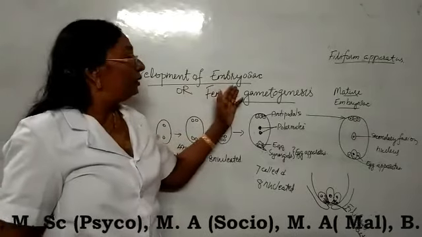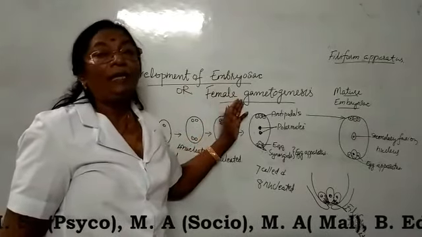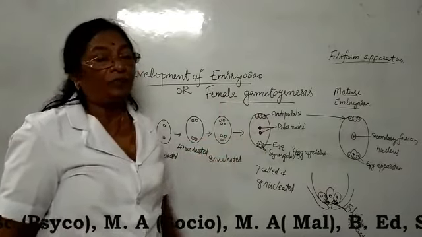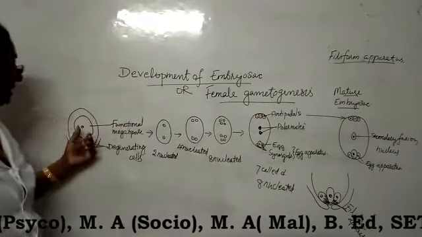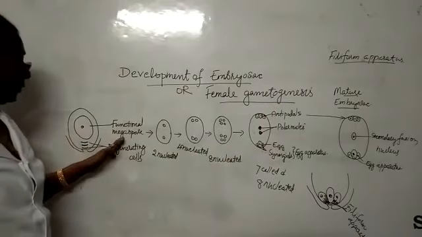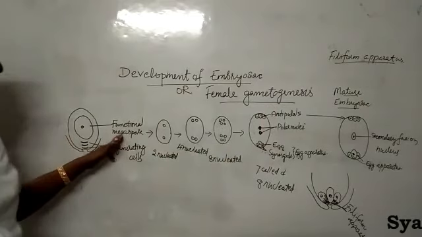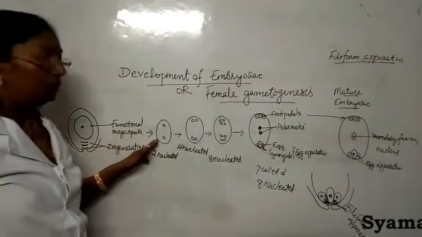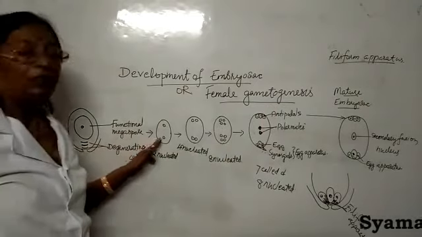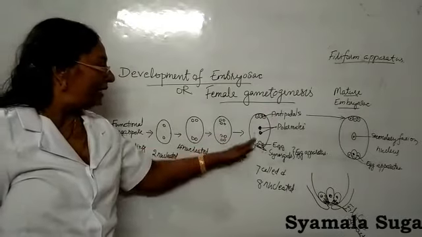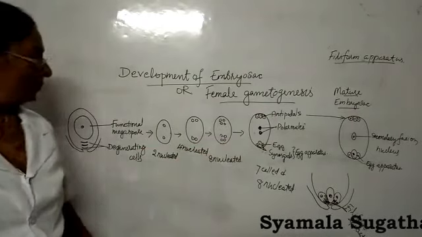Development of embryo sac or female gametophyte. Here the functional megaspore now undergoes three successive nuclear divisions resulting in an 8-nucleate embryo sac.